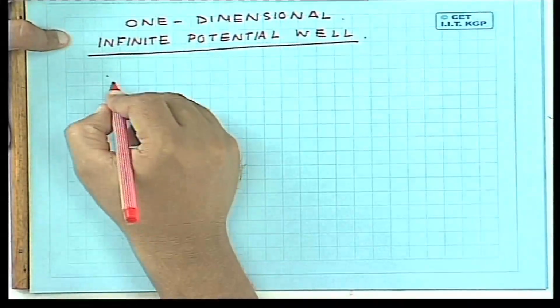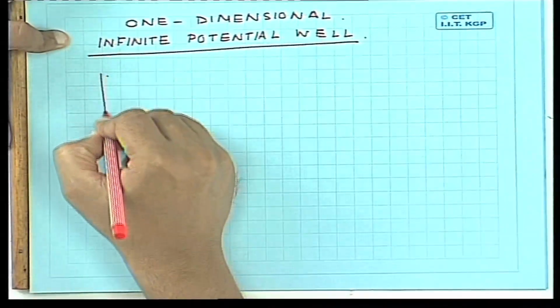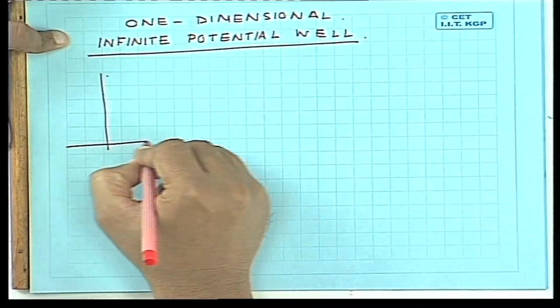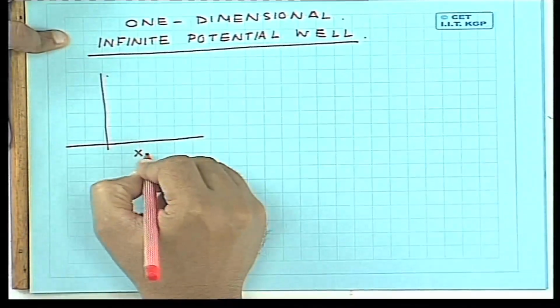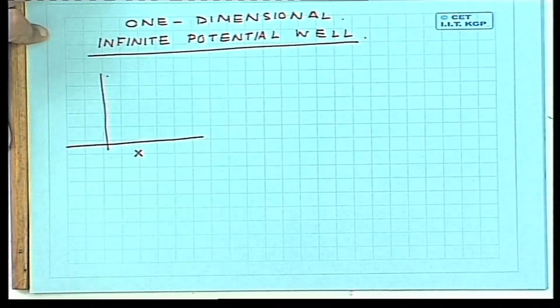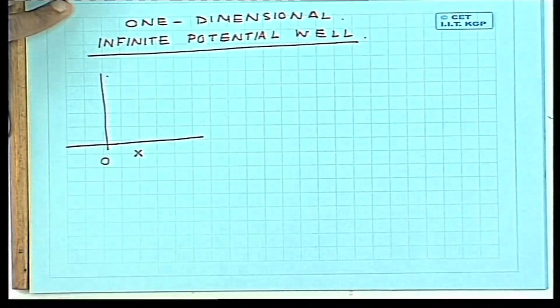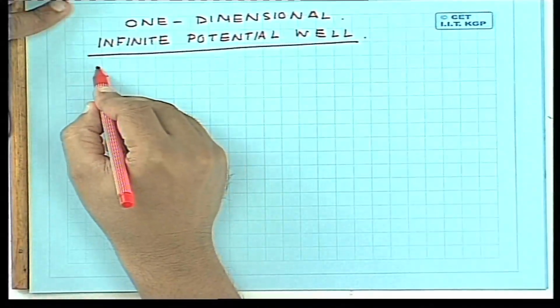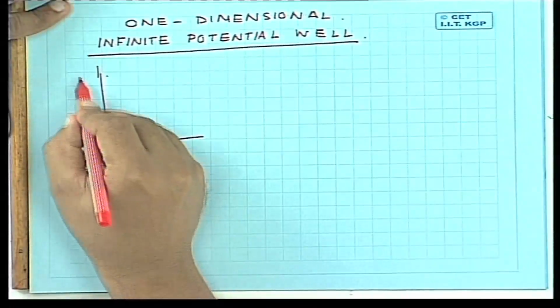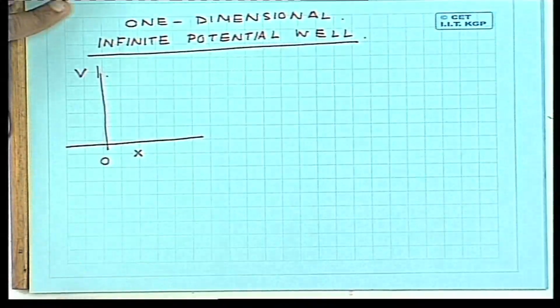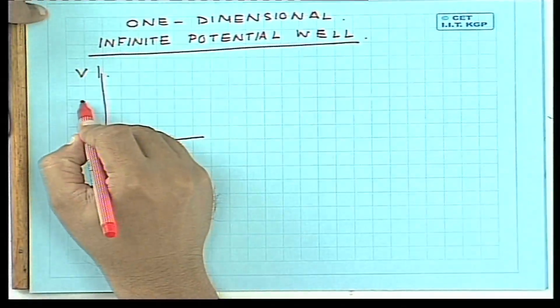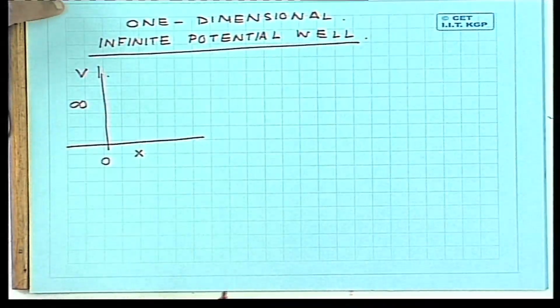The situation is as follows. There is a particle free to move along the x-axis, and there is a potential. The potential is such that at x less than 0, the potential is infinite. So this is V, this is x. The potential is infinite over here.